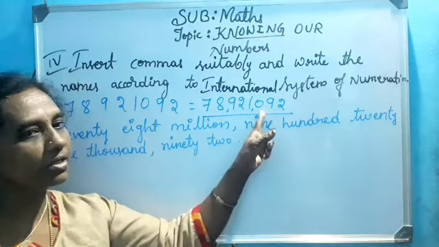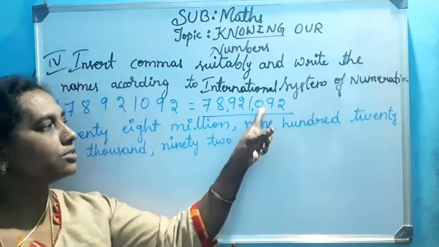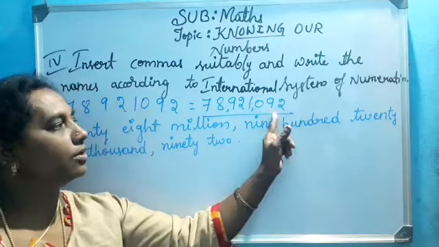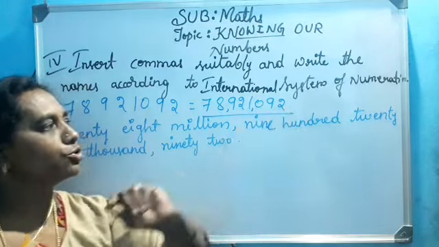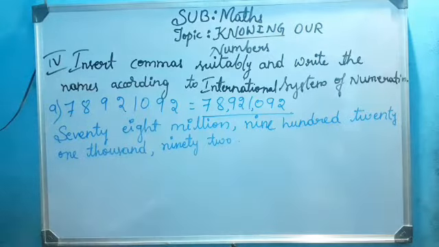There is no number in the hundred place. So because there is 0, again in the tens place 9, in the unit place 2. So 92.